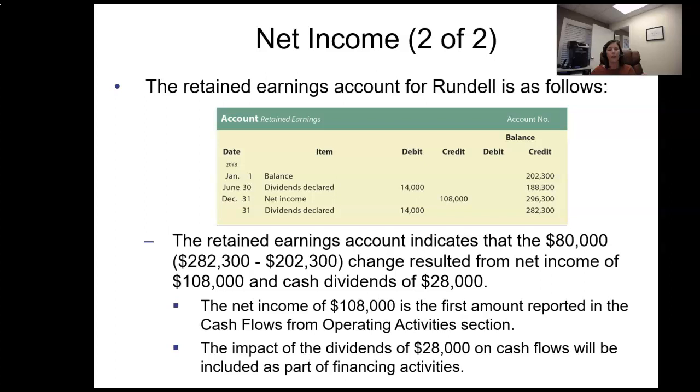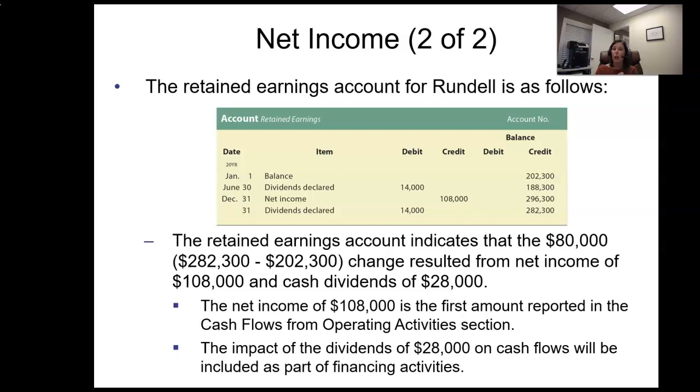If we had net income of 108,000, because remember, we close out net income into retained earnings, and our change in retained earnings was 108,000, we'd know that we didn't take any money out, we paid no dividend. But in this case, the change in retained earnings is 80,000.